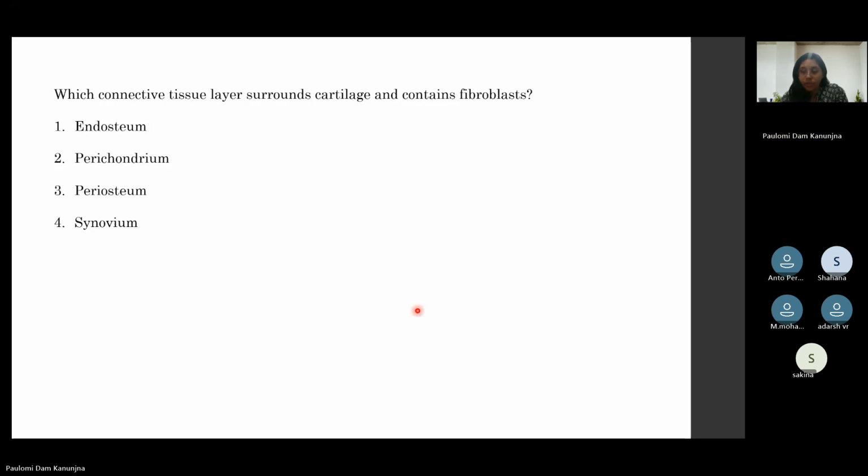Two, two. Okay, anyone else? Okay. Quickly, the answer is perichondrium. So that's the layer that surrounds cartilage.